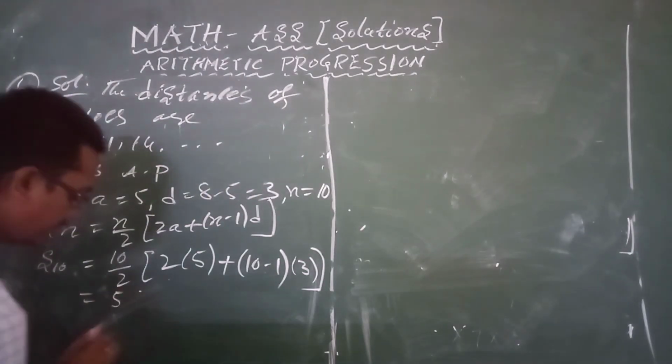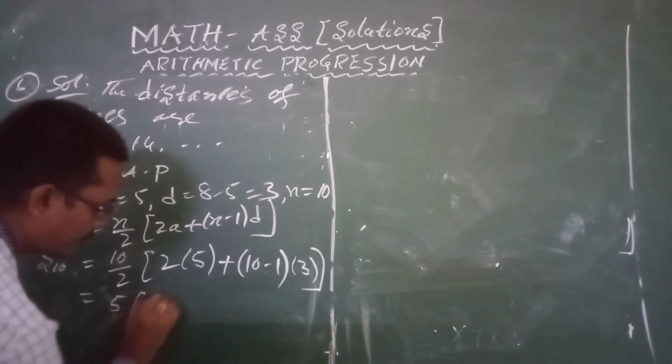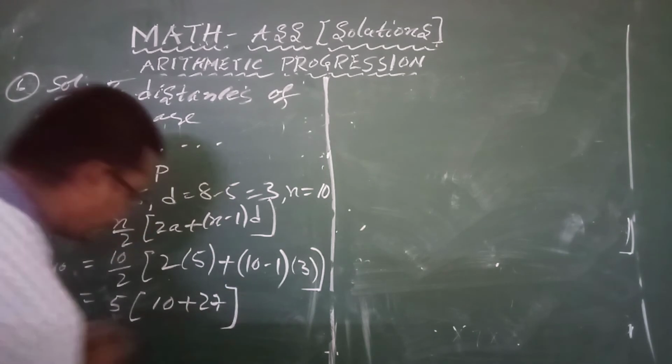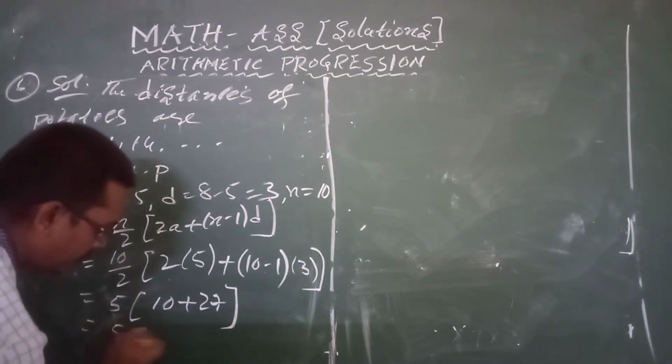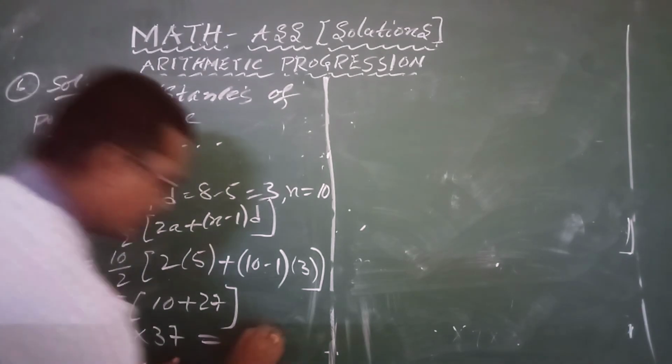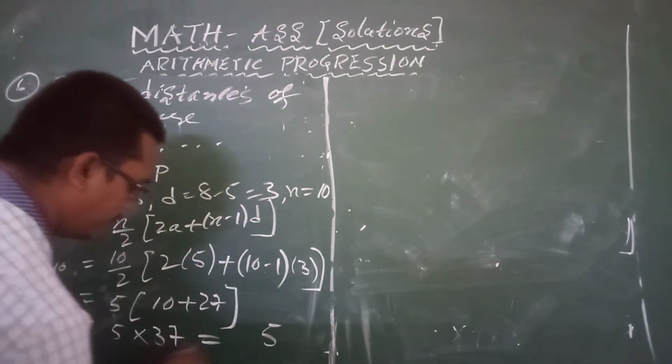Simplify this, 5 of 10 plus 9 times 3, 27, equal to 5 into 37.